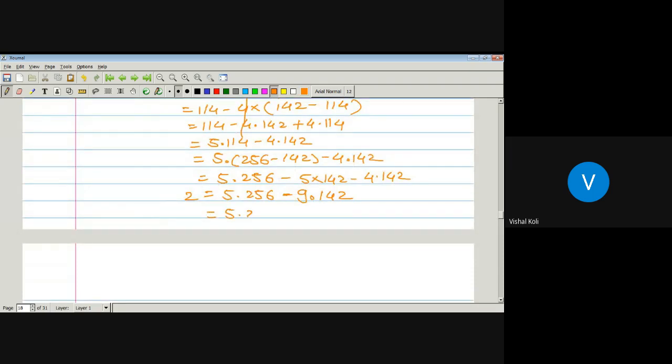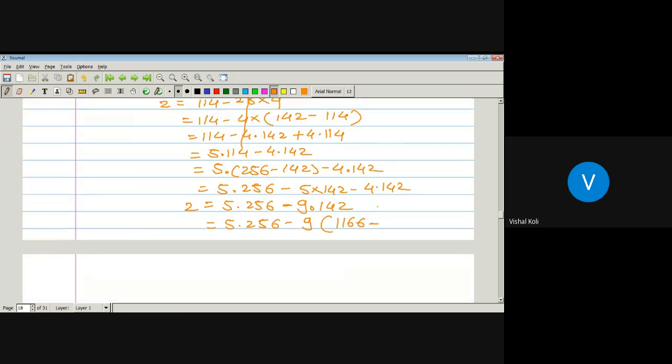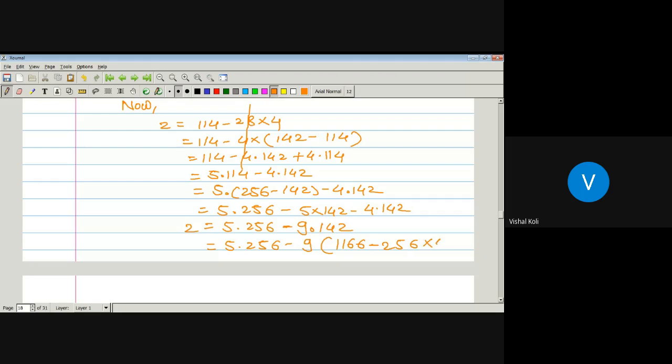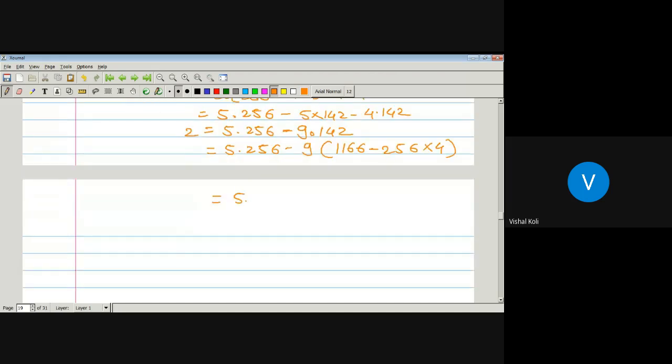So 2 equals 5 times 256 minus 9 times (1166 minus 256 into 4), which can be written as 5 times 256 minus 9 times 1166 plus 36 times 256. 36 plus 5 is 41, so it is 41 times 256 minus 9 times 1166.